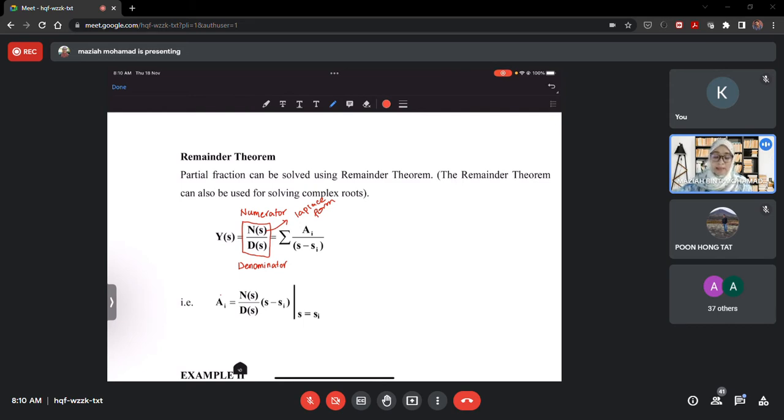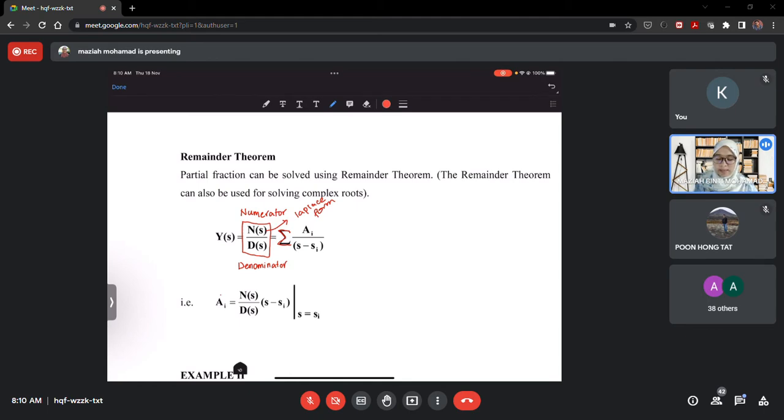The function can be converted into partial fractions, which contain the summation of A_i over S minus S_i.